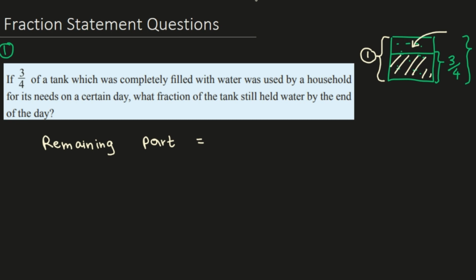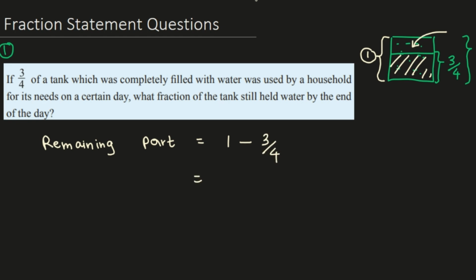If we take the total portion which is filled with water, it can be taken as 1. So you can write simply 1 minus 3/4, since 3/4 portions have been used by that household. So, in order to find the remaining part, you can simply do 1 minus 3/4.